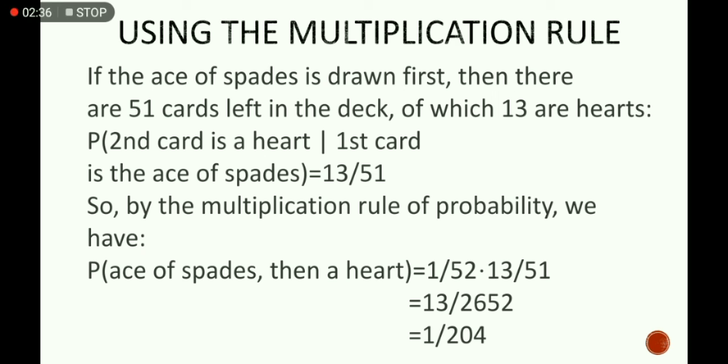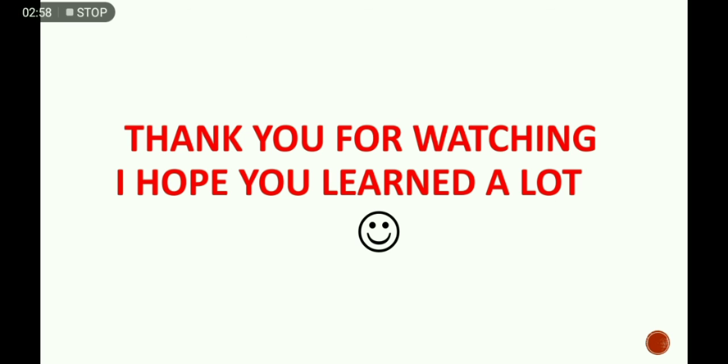And mahalaga rin na i-analyze muna natin yung problem para malaman natin kung ano bang rule of probability yung i-apply natin. Nang sa ganun, mas madali natin siyang makuha. And yun, tandaan yung mga formula na binigay. Kasi makakatulong talaga yun para masagutan natin yung mga probability example or problem na binibigay sa atin.